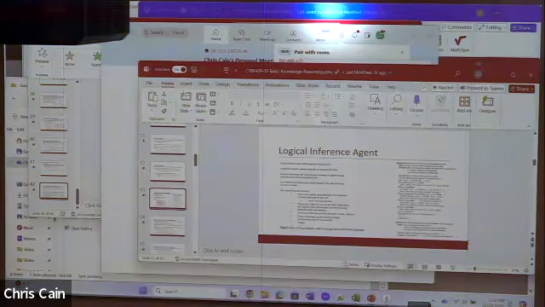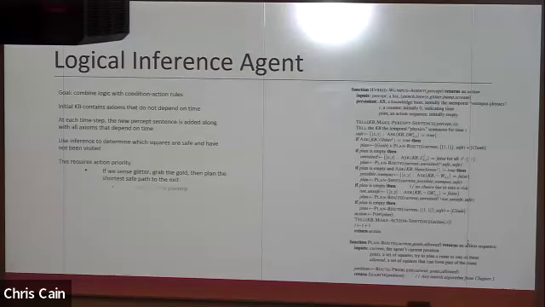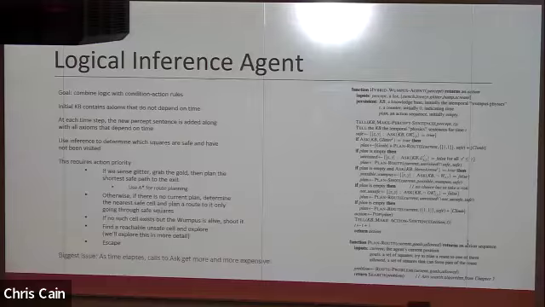So here's what I'm referring to, the logical inference agent. This is what your agent code is going to look like. It's written as a regular script using procedural logic. And you see that the agent is telling a knowledge base and asking a knowledge base as it goes. Then it determines a plan based on the information it gets from the knowledge base about what it should be doing next.